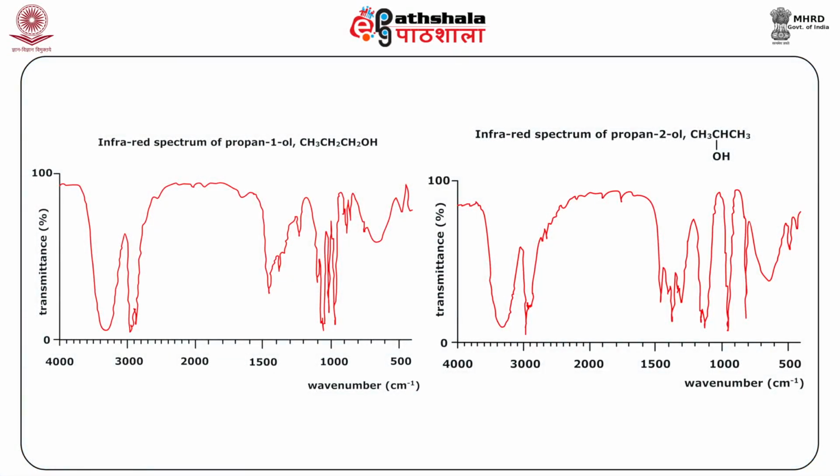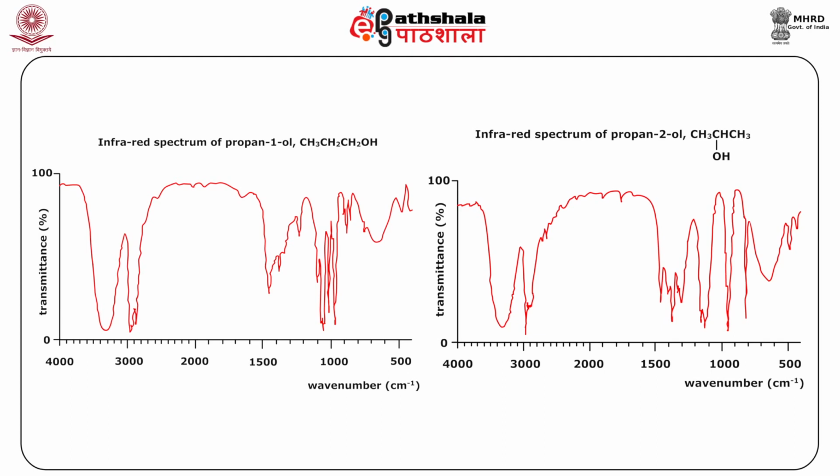Now, to understand this particular point, let us take an example of two compounds, that is propan-1-ol and propan-2-ol, that is, primary and secondary alcohols with 3 carbons. Both the compounds are alcohols and contain exactly the same bonds.